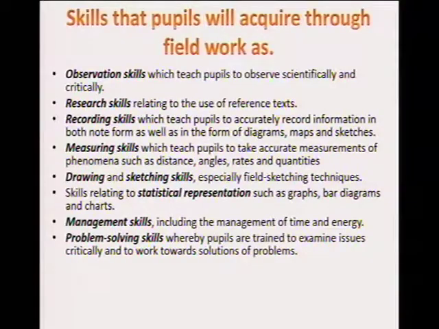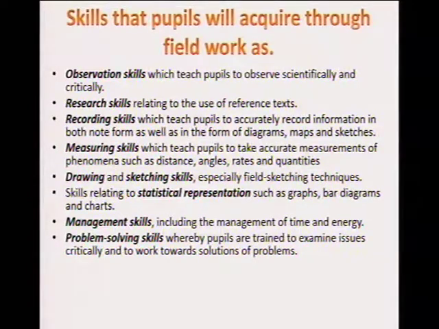Observation skills teach the purpose of observing scientifically as well as critically. For example, you go in the field, you observe different phenomena, you come and present them, you give them meaning when you present them, or you analyze the information.